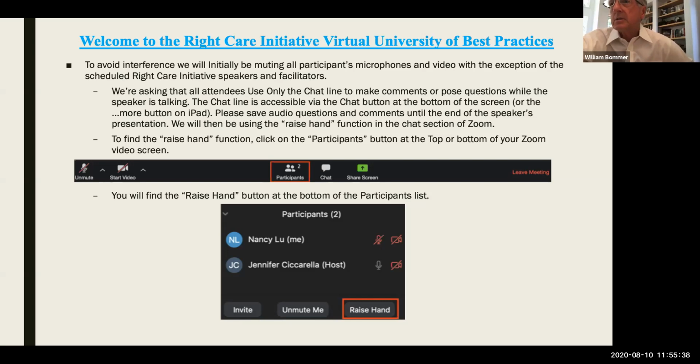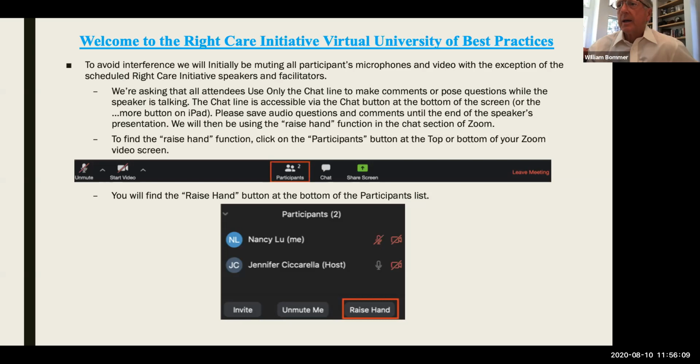You should probably have a little button at the top or bottom of this page that says chat. Chat will be live during the entire program, and you can type in your chat remarks, and the chat remarks can be sent either to all participants or sent to just a specific participant that you have identified.